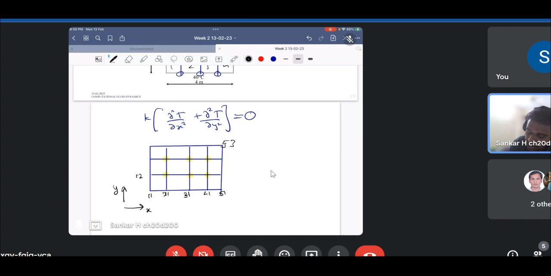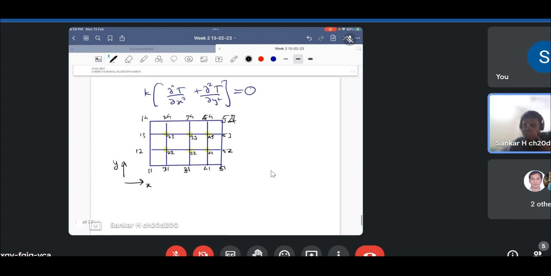Similarly, here it will be 1 2, 2 2, 3 2, 4 2, 5 2, 1 3, 2 3, 3 3, 4 3, 5 3. This is not 5, this would be 6 3, sorry. Again I made a mistake. This should be 5 4 instead, right? 1 4, 2 4, 3 4, 4 4, and 5 4.